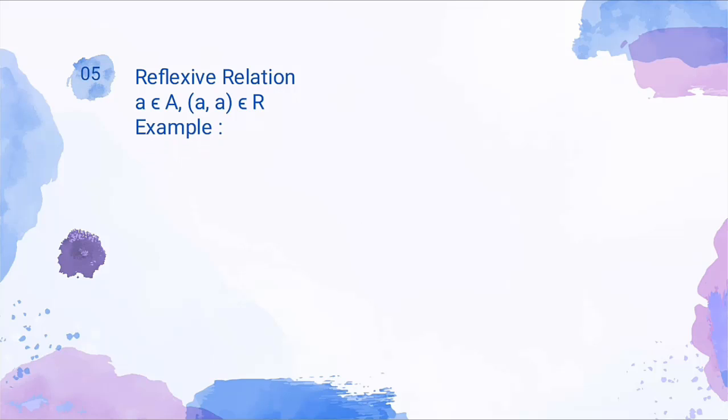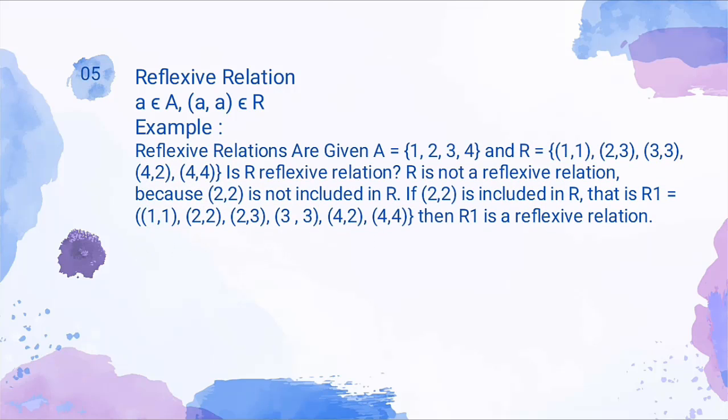Number 5, reflexive relation. a is an element of A, and (a, a) is an element of R. Example, A is the set {1, 2, 3, 4}, and R is the set {(1,1), (3,3), (4,2), (4,4)}.